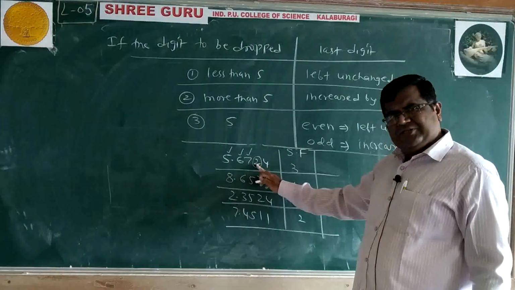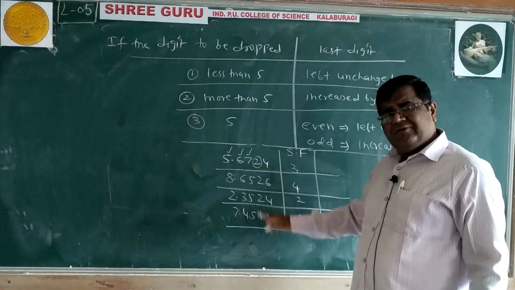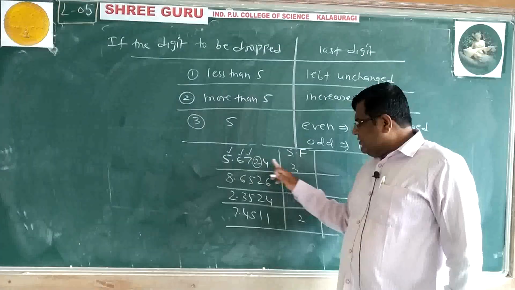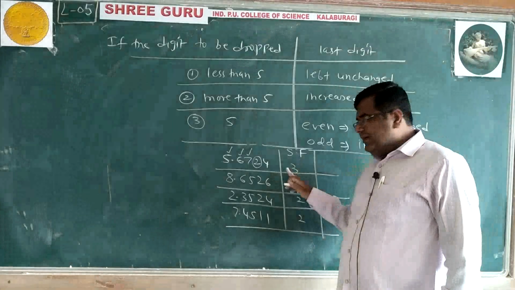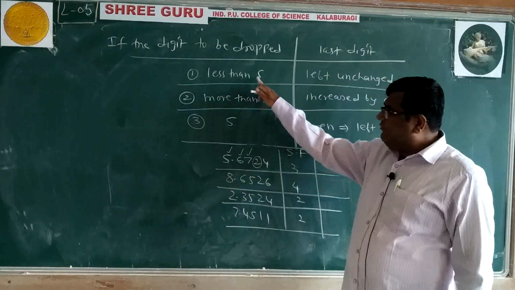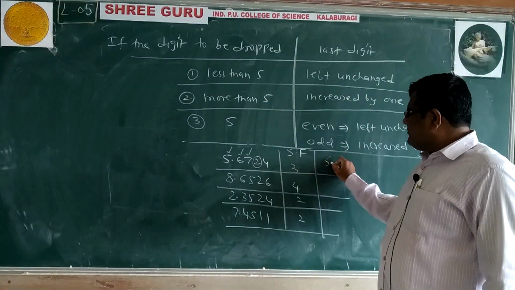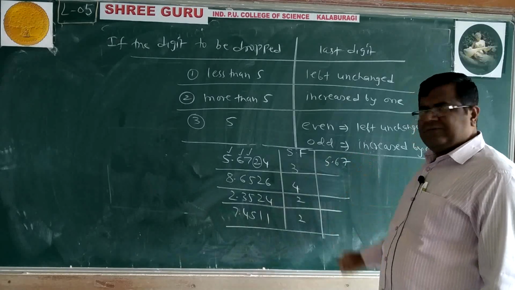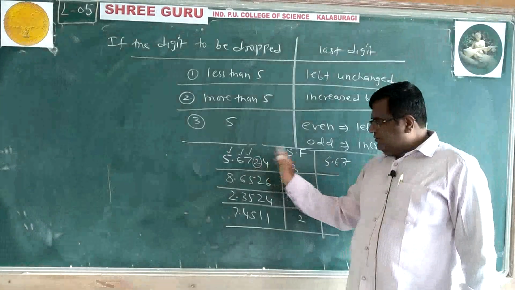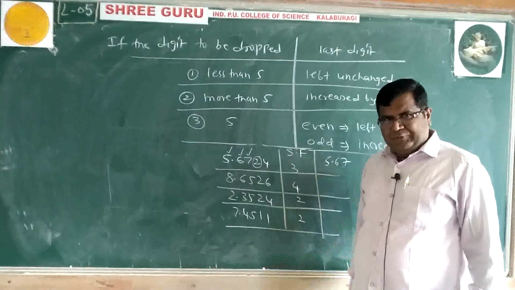We have to see the digit which is to be dropped, immediately after the digit which we are retaining. This we are keeping because we want only the first 3 digits, and this we are dropping. The digit to be dropped is less than 5, so left unchanged means we write this as 5.67. We ignore this 2 here because it is less than 5.